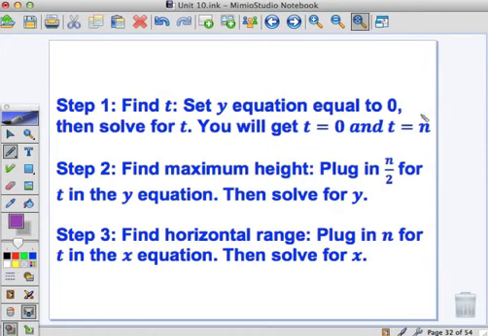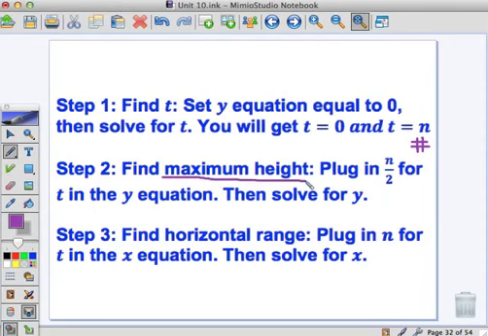So right here, this is just some number, okay? We all know that x is going to be 0 when t is 0. We know that. We don't care about this. We want to know this value, okay? You're going to use this value to find your maximum height. You'll divide that n by 2, and then plug that in for the t's in the y equation to solve for y. That'll give you your maximum height.